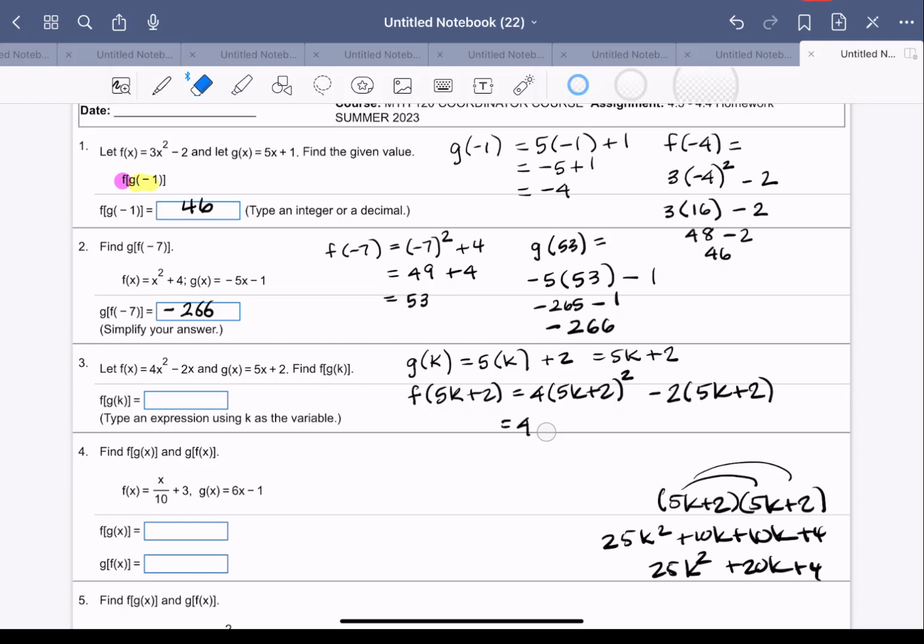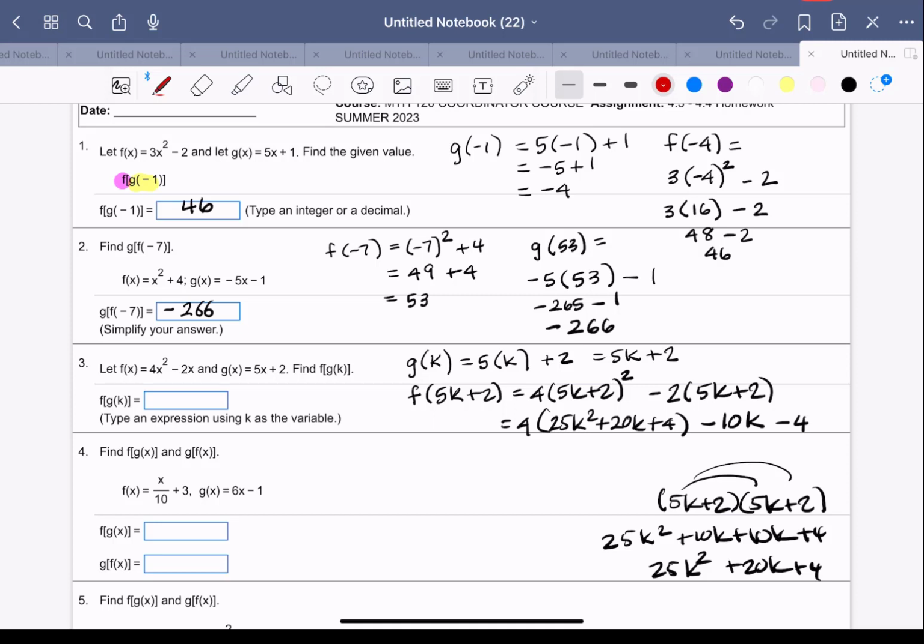So this is 4 times (25k squared plus 20k plus 4). And from that, I need to subtract 10k minus 4.